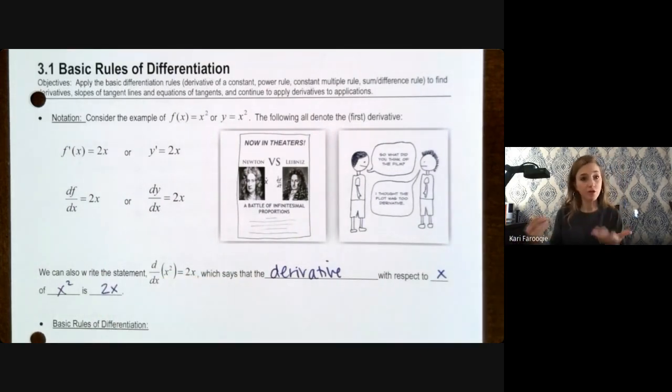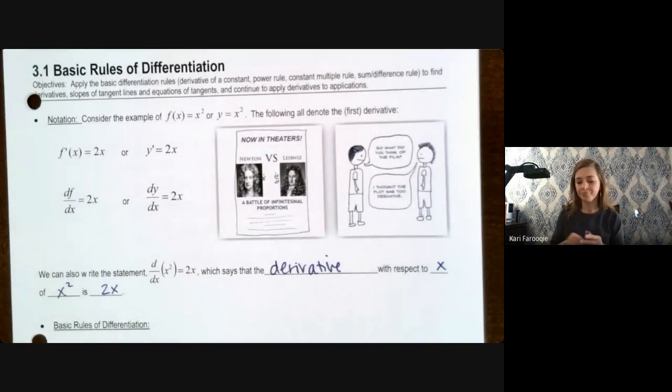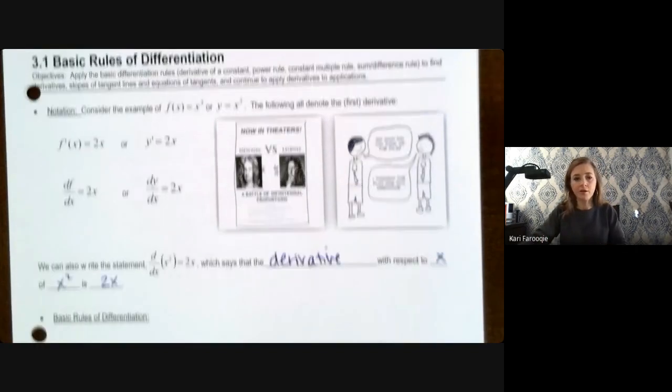So if you're trying to translate these mathematical symbols into the English language, this is the way that you would say that. So d dx of x squared is the derivative with respect to x of x squared is 2x. We always have that equal sign being "is." All right. So we have that.